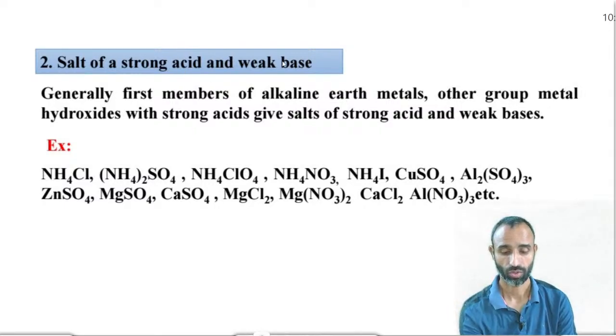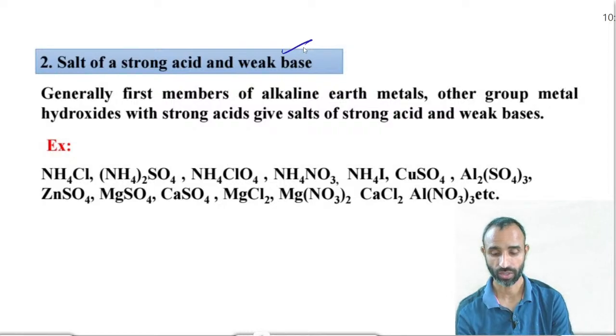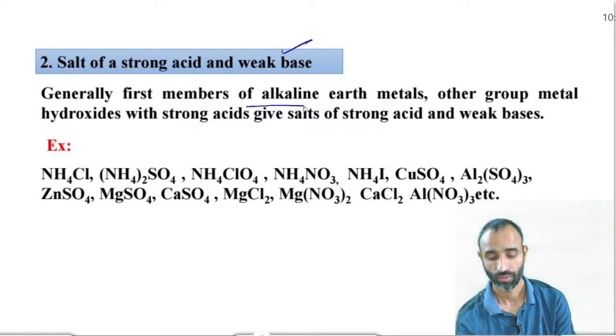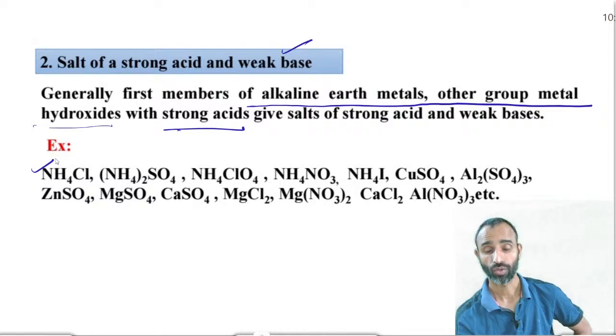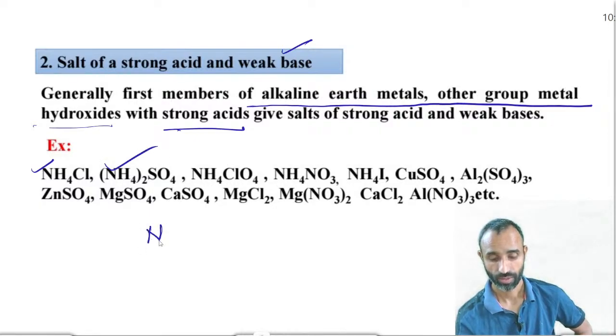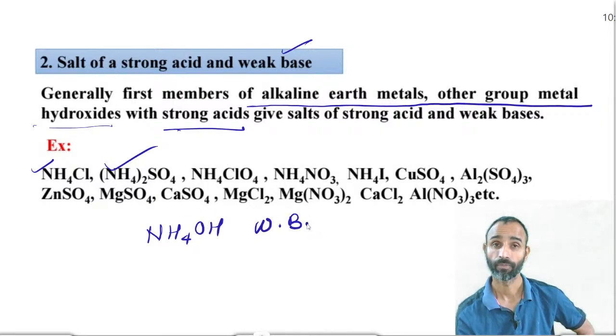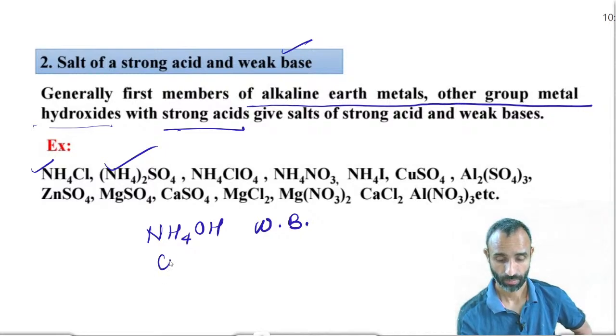But salt of strong acid and weak base: generally the first members of alkaline earth metals and other group metal hydroxides with strong acids, like say ammonium chloride. Ammonium hydroxide is a weak base. Same, Cu(OH)2, weak base.